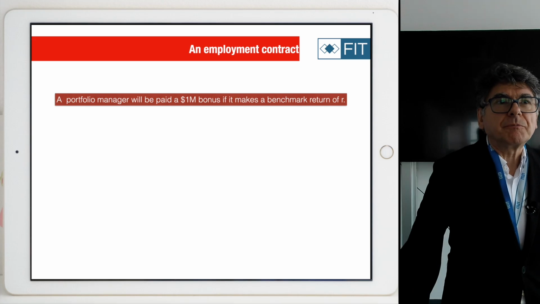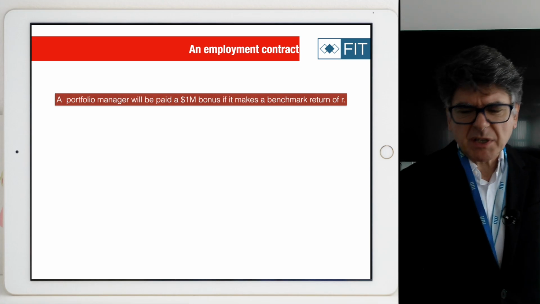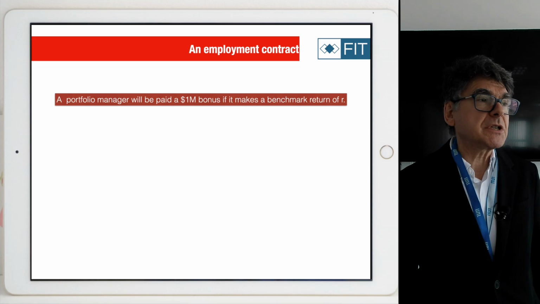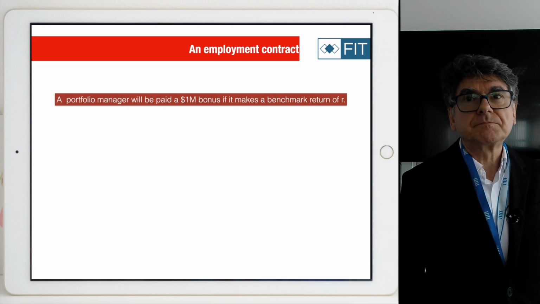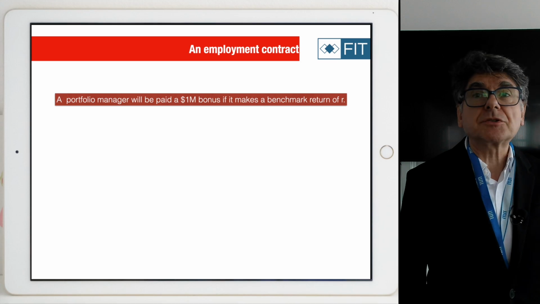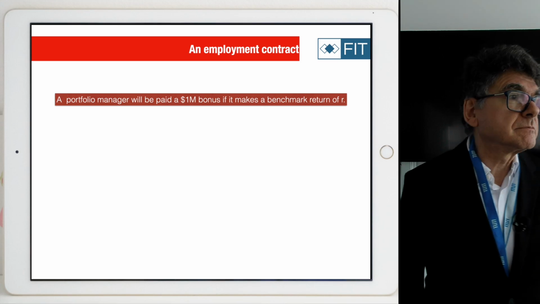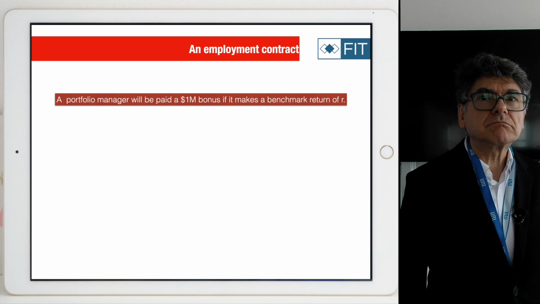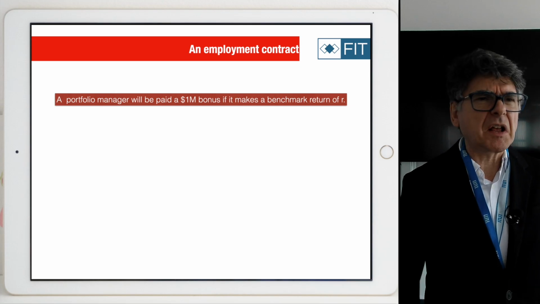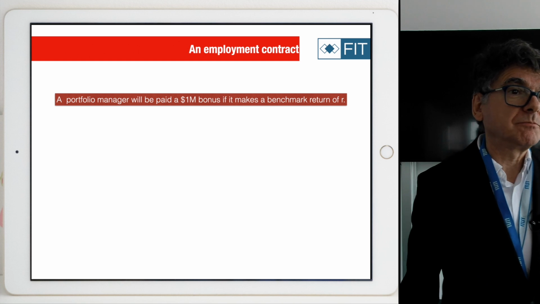But I will tell you that if you make 5%, or some benchmark, I call it R, if you make 5%, I give you $1 million. This is how many people get paid in the industry. They give you next to nothing, but if you meet your benchmark, I get you a bonus, very healthy bonus, $1 million. Would you take it?